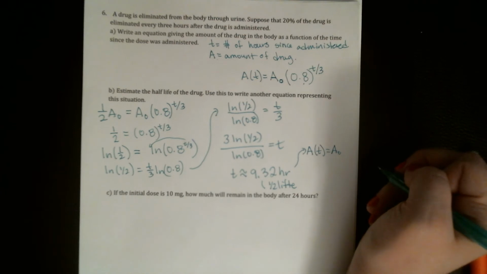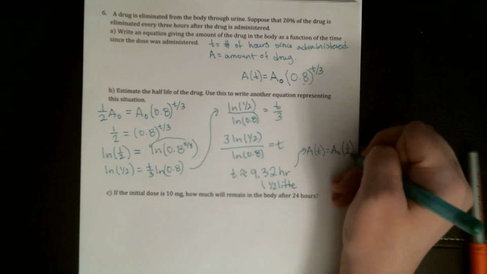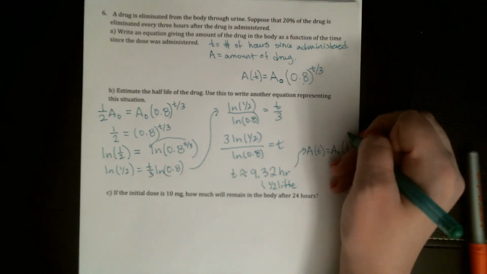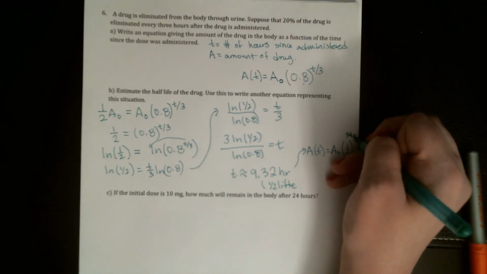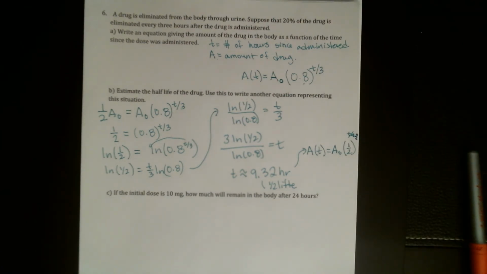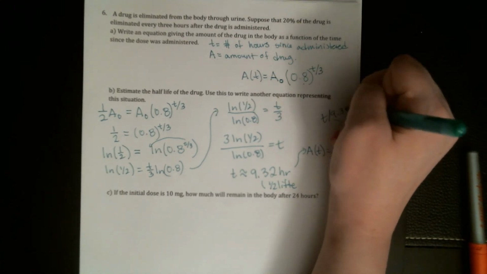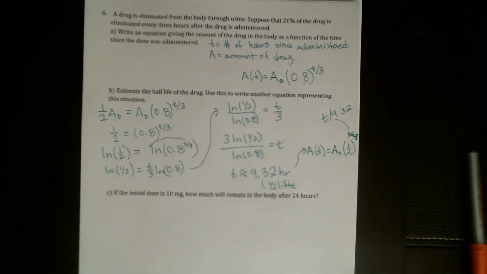I still don't know a starting amount, so I'll just use that A0. If it's getting cut in half, I'm going to use a base of 1/2. And if it's doing that every 9.32 hours, almost fit it, pretend like that fit. You'll have a T over 9.32. Again, sorry for this. This is a T over 9.32 in the exponent. Starts at A0, gets cut in half every 9.32 hours.